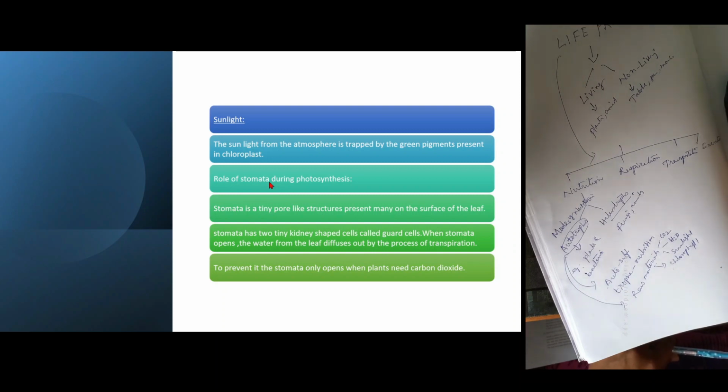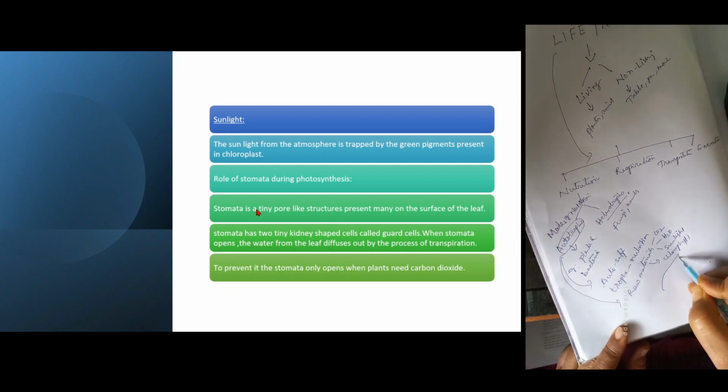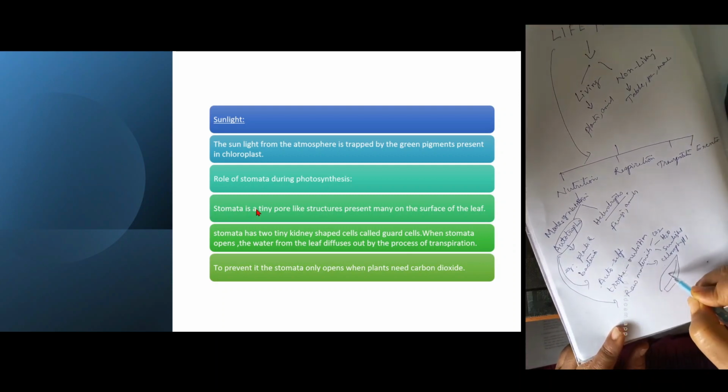Next, the stomata. The stomata also play a very important role during photosynthesis. What is the stomata, and where is it present? If you look at the leaf, small pore-like structures are present. These are called the stomata.